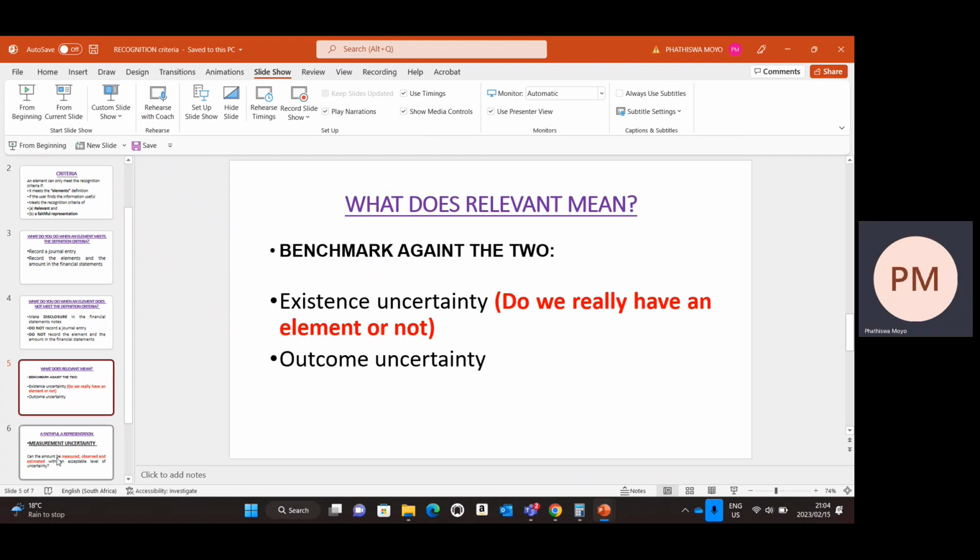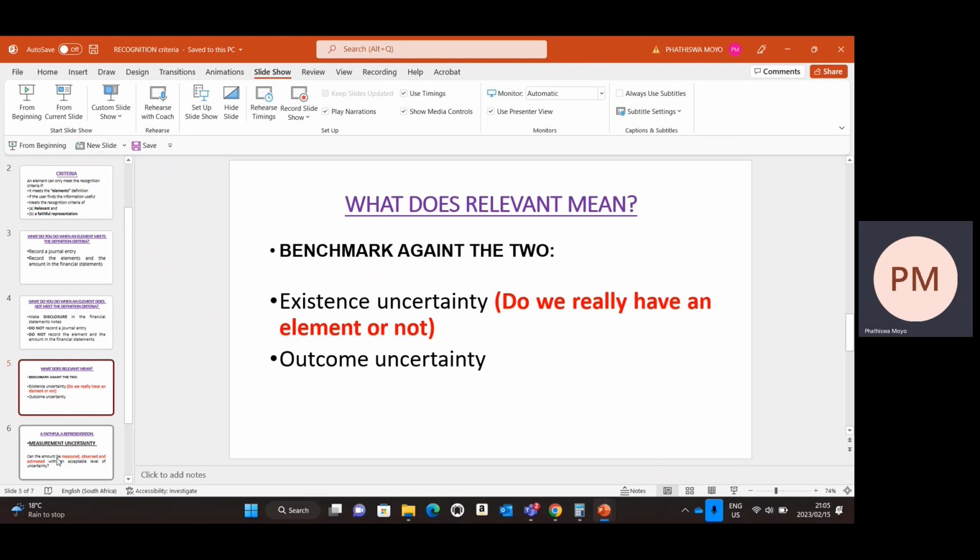So what does relevant mean, when you're saying the criteria must meet relevance and faithful representation? Some of the material out there on accounting says there must be cost over benefit in terms of information. Information must be very useful, equal to the money you paid for it, or even way more. If it's the vice versa, then it doesn't make sense.